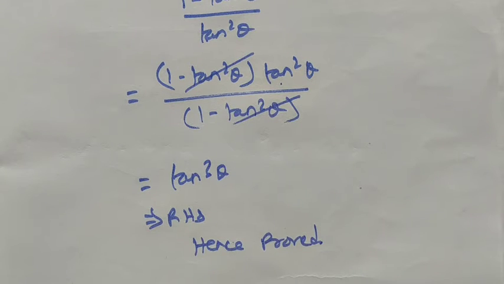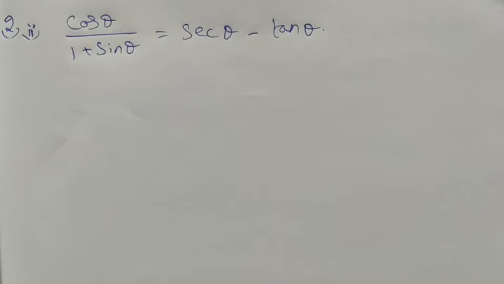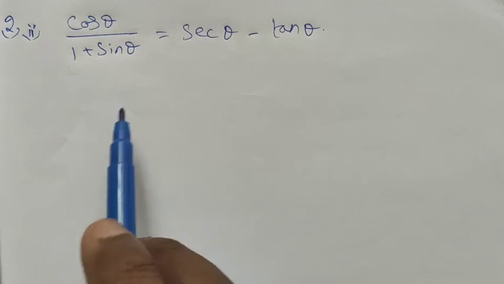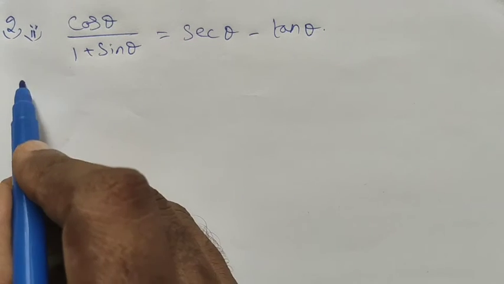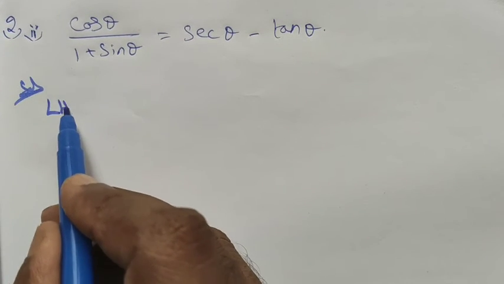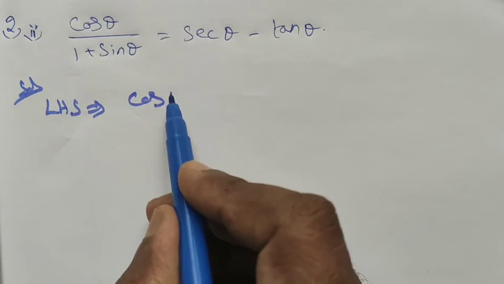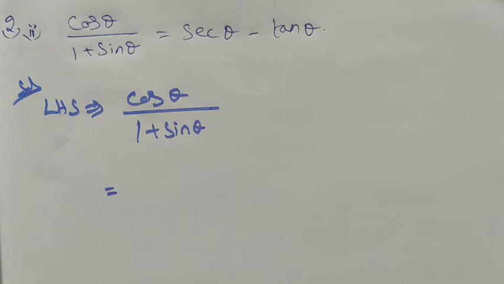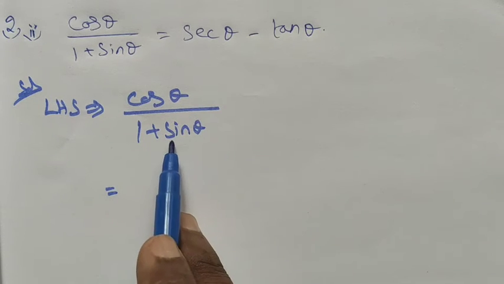Let's see the second Roman number. Cos theta divided by 1 plus sin theta is equal to, we have to prove, secant theta minus tan theta. Let me take the LHS side. The LHS is nothing but cos theta divided by 1 plus sin theta. Here we have 1 plus sin theta in the denominator.